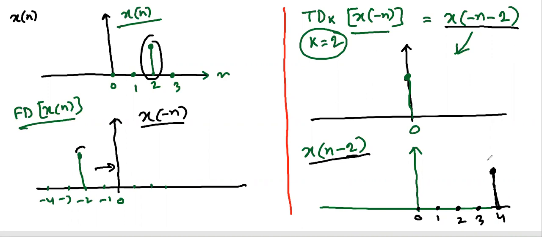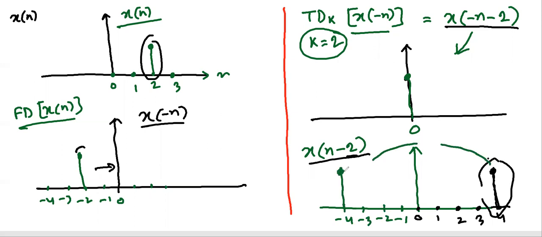Now, if you want to fold it, where will this sample go? Definitely at the location of minus 4. So this is minus 1, minus 2, minus 3, and minus 4. So it will be shifted to the left to the location of minus 4.